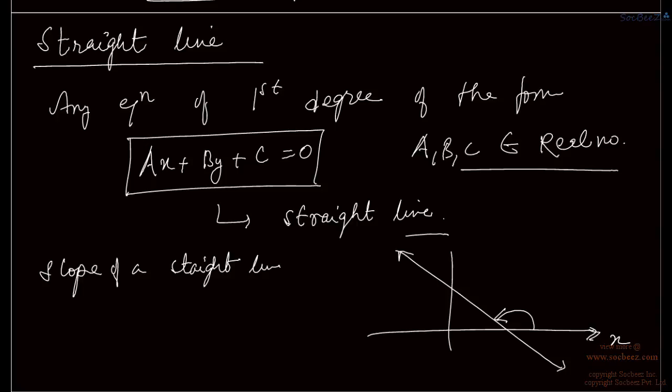So this is the x-axis, this is the y-axis, and this is the line. The angle made between the x-axis and the line in the positive direction is this angle theta. So slope m is tan theta. Slope is defined as tan theta. Okay.